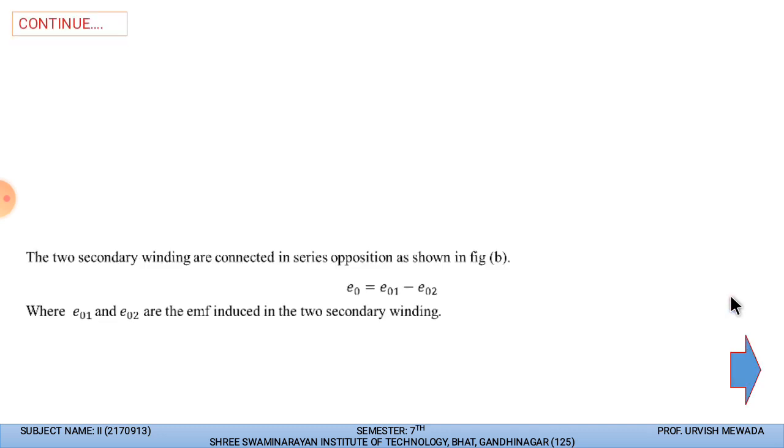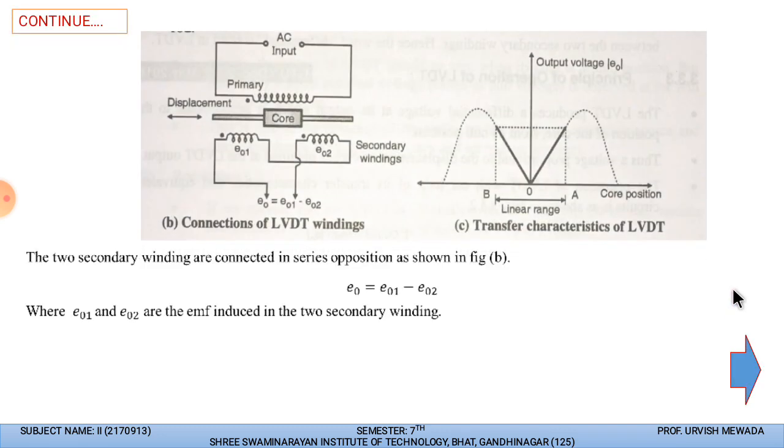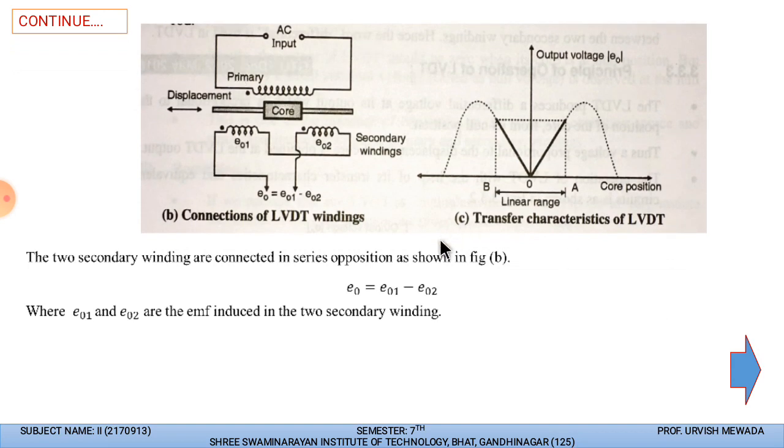So let us discuss the connection of LVDT. As I already explained, in the center part we have the core, and this core is movable in this bobbin, or this vacant space.